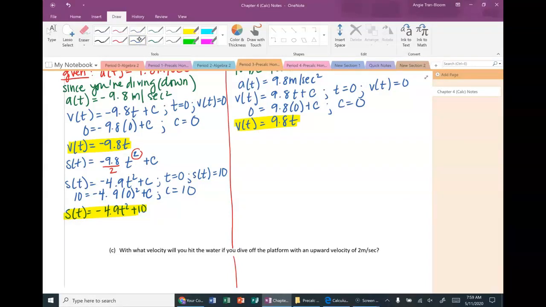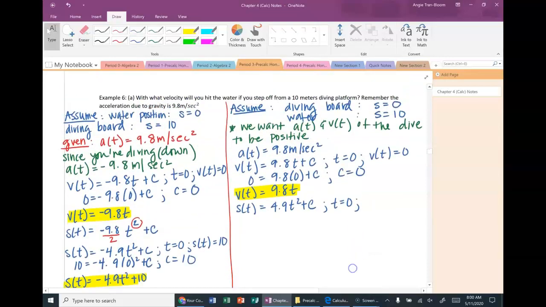On the right side, again, we're going to go backwards one more time and do the same kind of math. And as you know already, we're going to get 4.9 t squared plus c. Now, similarly, we're going to use t equals 0. At t equals 0, we made it on this side that your diving board position is 0.